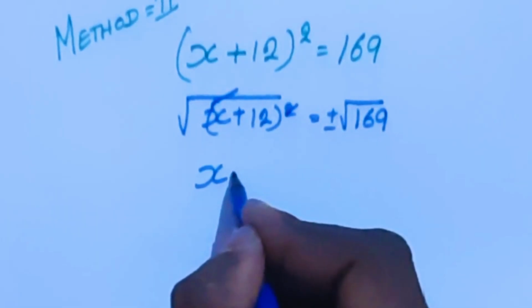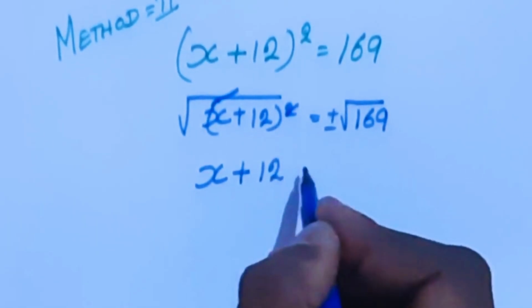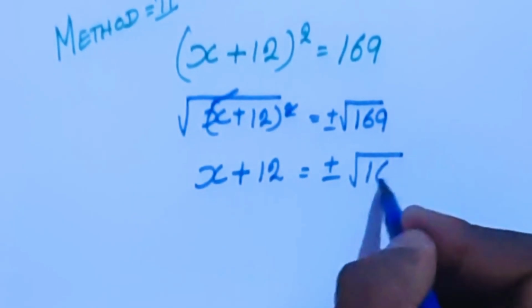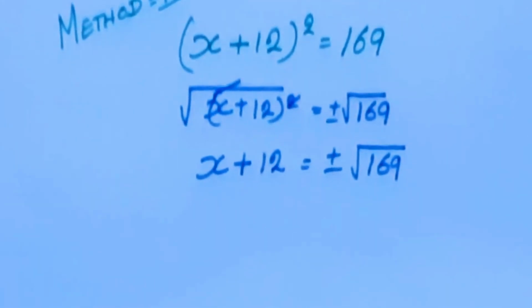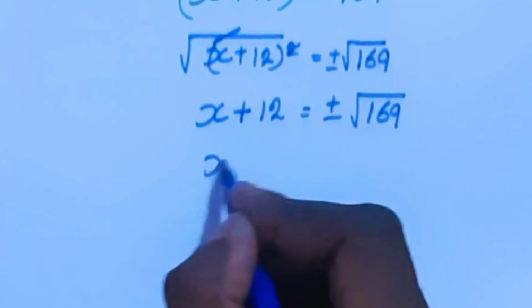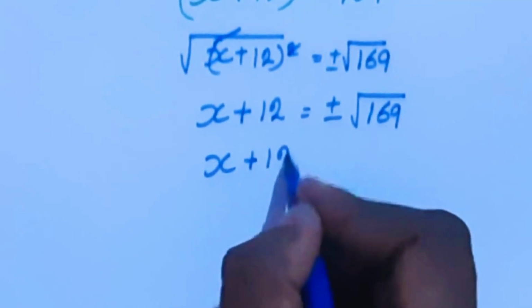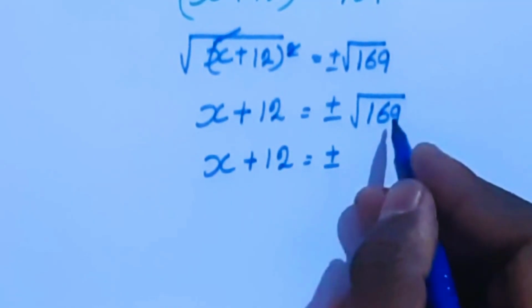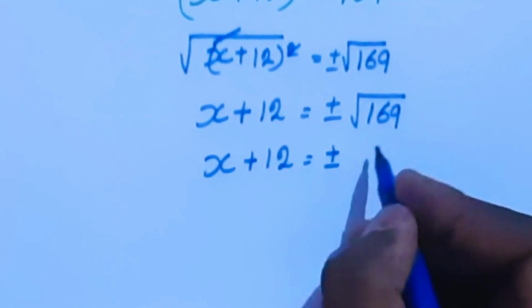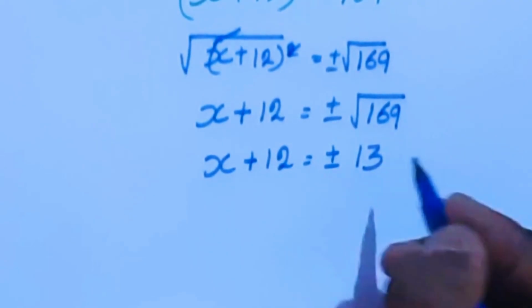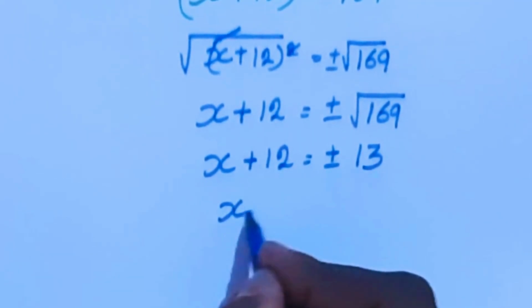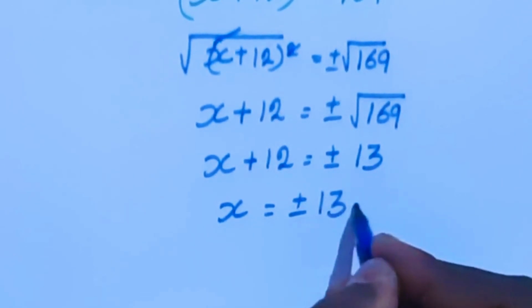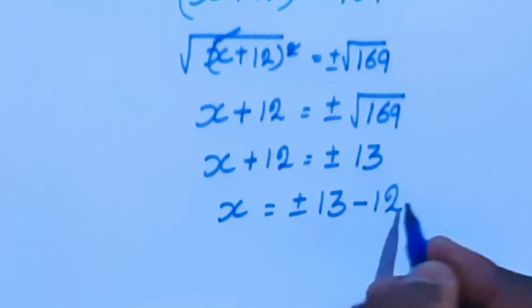Now we have x + 12 = ±√169, and the square root of 169 is 13. Now x = ±13 − 12.